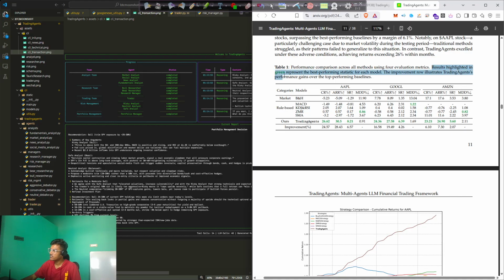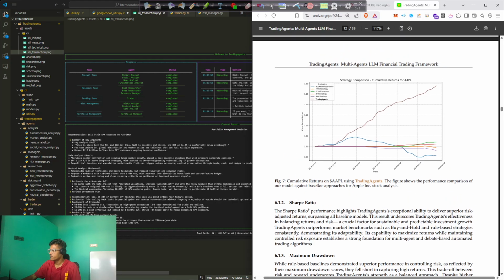The improvement row illustrates trading agents' performance gains over the top performing baselines, right? You see, in all of these stocks, Apple, Google, Amazon, the trading agents performed really well.